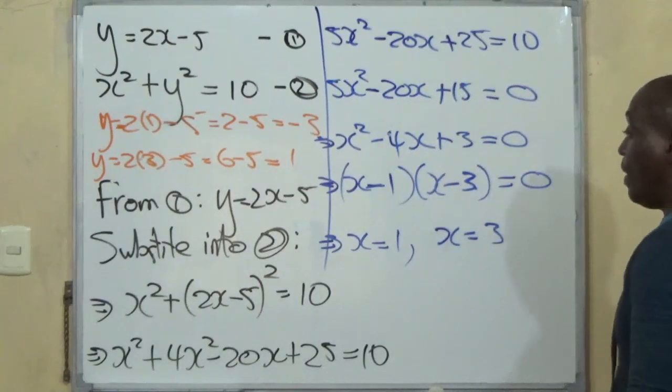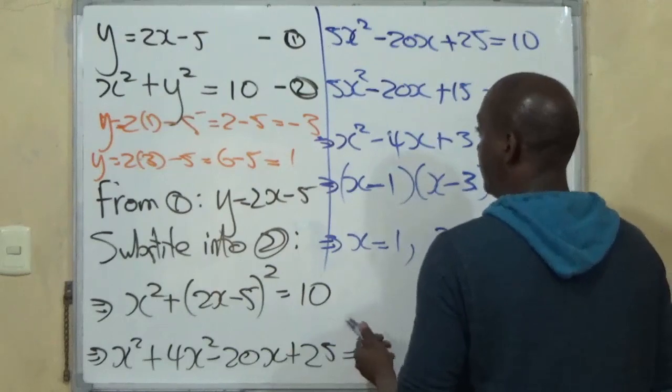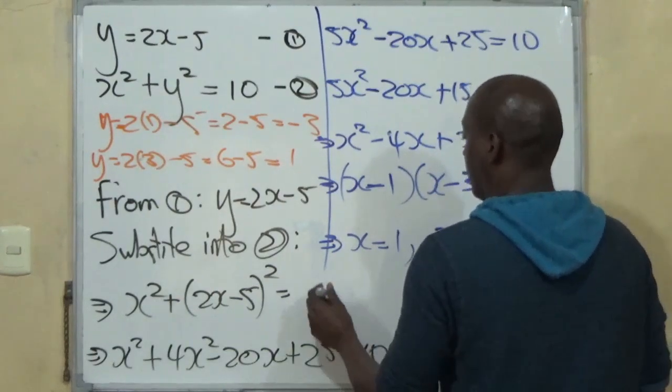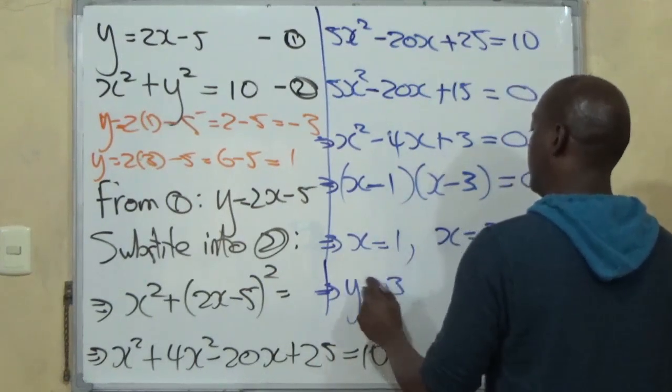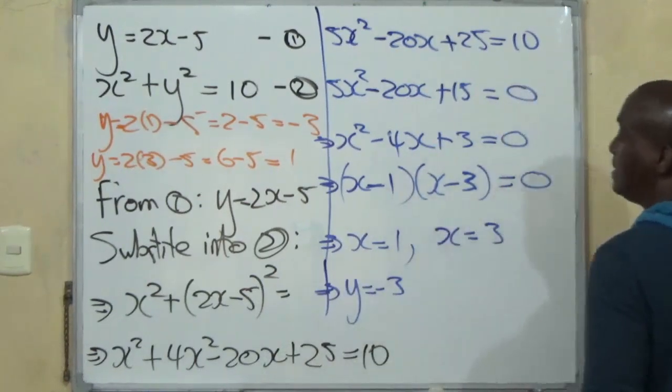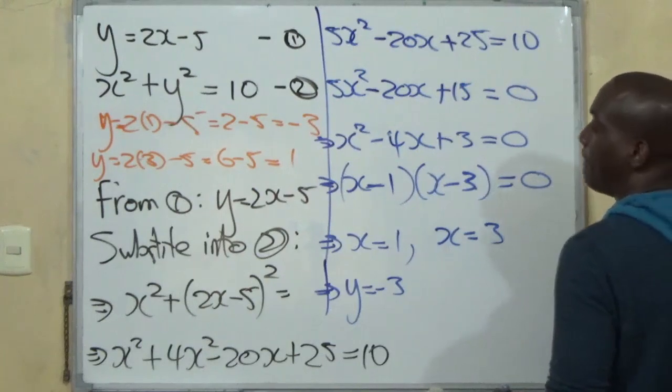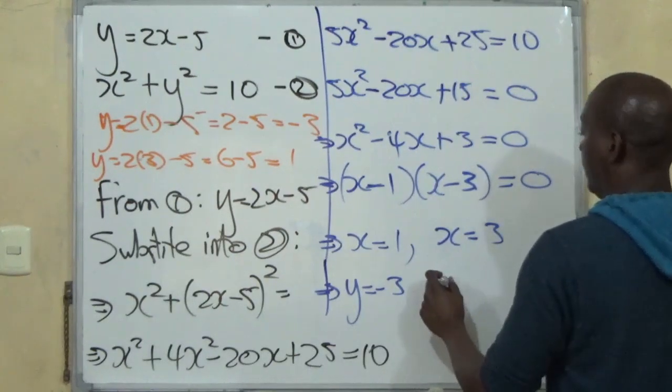So when x is equal to 1, y is equal to minus 3. And when x is equal to 3, y is equal to 1.